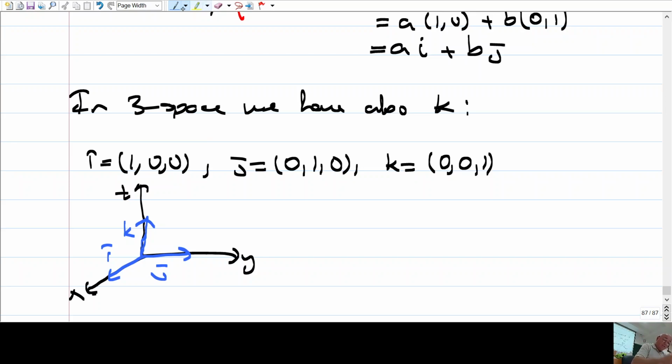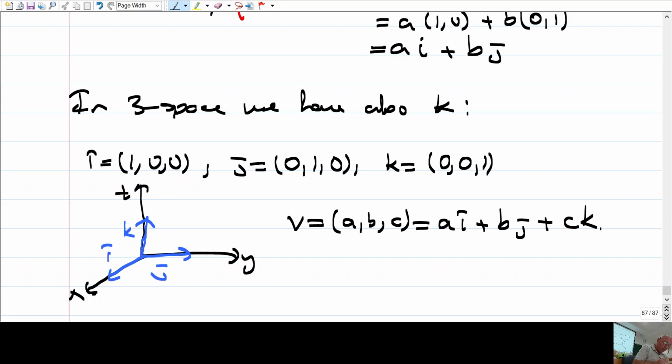And any vector with coordinates a, b, c, similar to above, can be written like this: a times i, b times j, c times k.